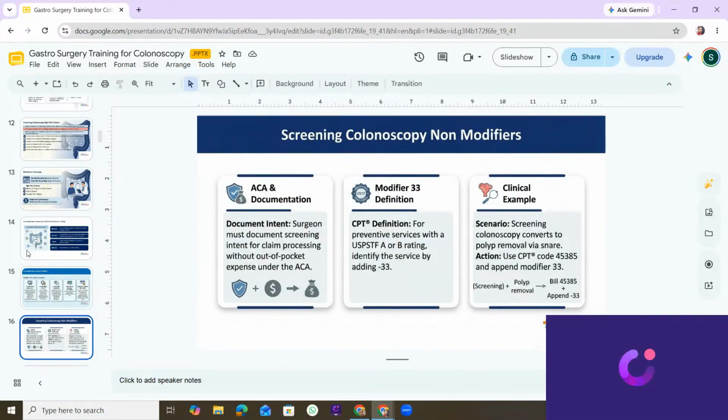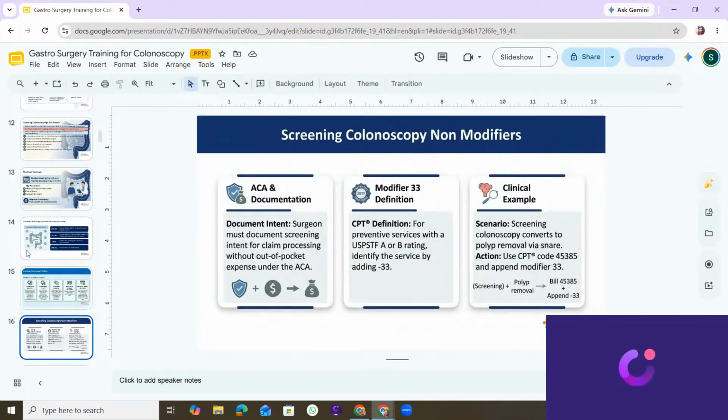Screening colonoscopy non-Medicare modifiers, like you will see here, ACA and documentation. Documentation of intent: the surgeon must document a screening intent for the claim to process without out-of-pocket expense under the ACA. The 33 modifier is defined for preventive services with USPSTF A and B ratings; identify the services by adding 33.